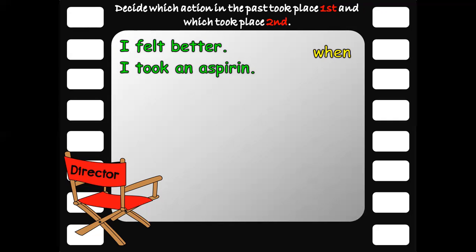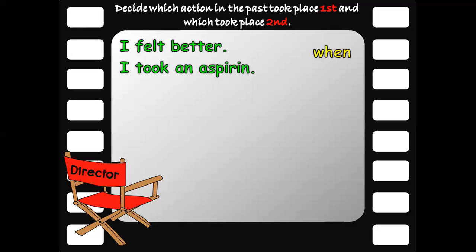Okay? But if you want to join them in one sentence by using when, for example, you have to put the first action in the past perfect. So, which one is the first action? Felt better or took an aspirin? Yes, took an aspirin. So, took will be used in the past perfect, had taken.